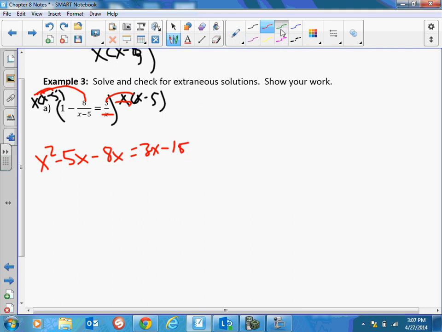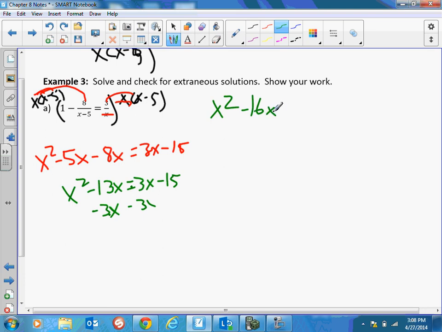Okay. So we go on. Let's combine like terms on this side. So we've got x squared minus 13x equals 3x minus 15. Okay, let's subtract 3x from both sides. And we have x squared minus 16x equals negative 15.